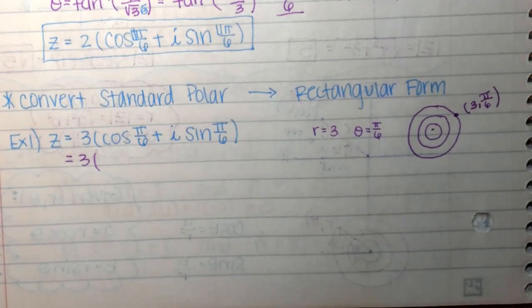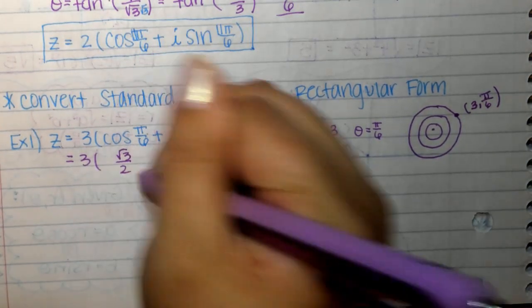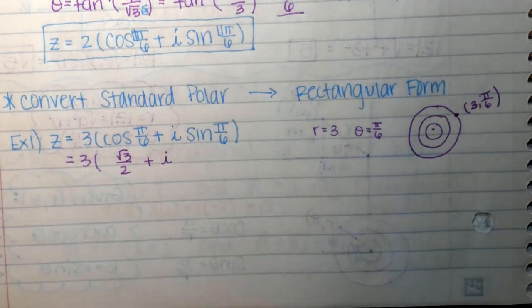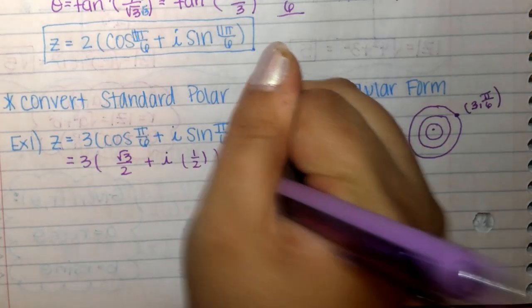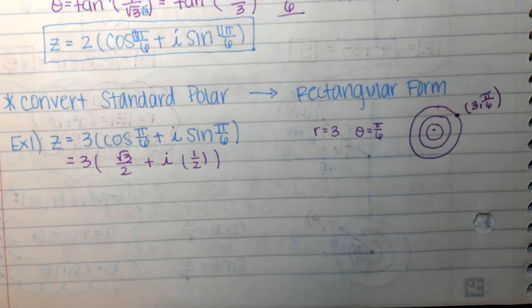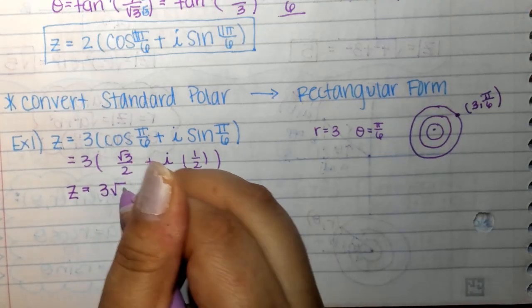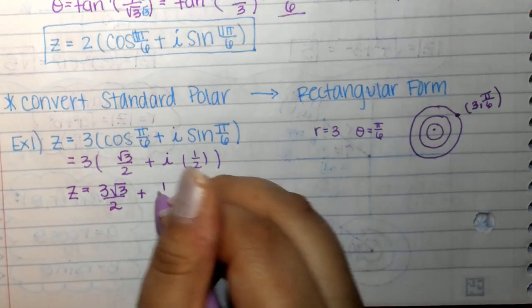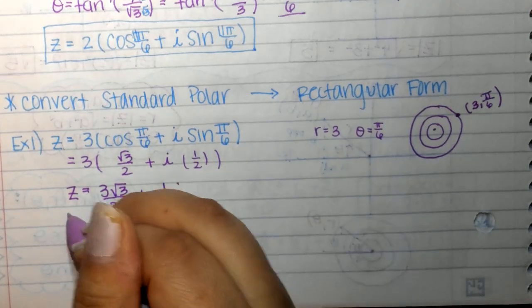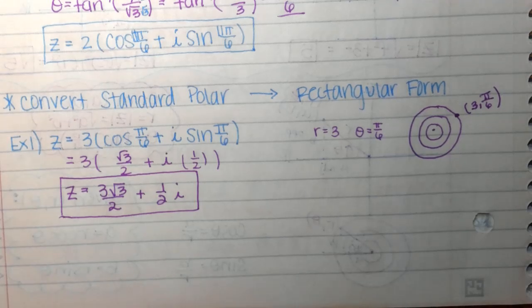What's the cosine of pi over 6? Oh, we didn't forget everything. Plus I. What's the sine of pi over 6? And then distribute. So this is going to be 3 square roots of 3 over 2 plus 1/2 I. And that's it.